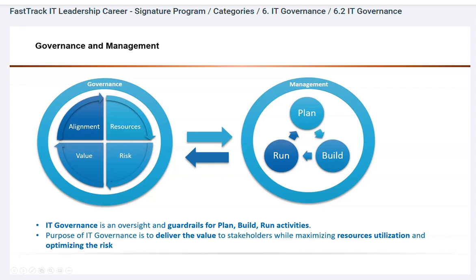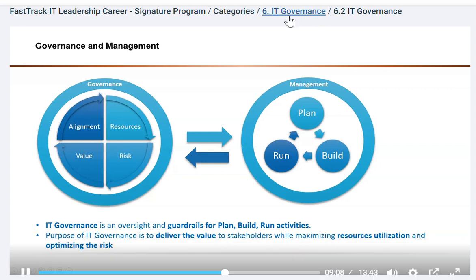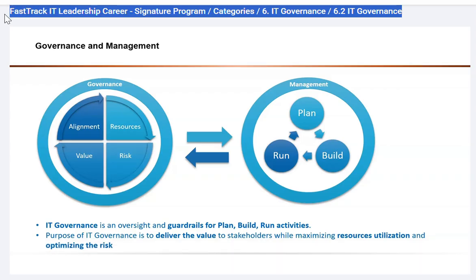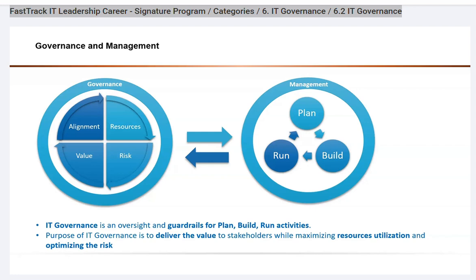But for now, governance is alignment with the business needs, resource utilization, risk management, and value delivery. So IT governance is an oversight and guardrails for plan, build, run activities. The purpose of IT governance is to deliver value to stakeholders while maximizing resource utilization and optimizing the risk.